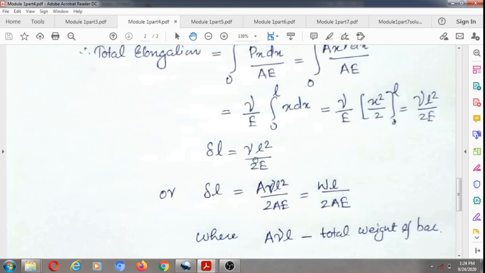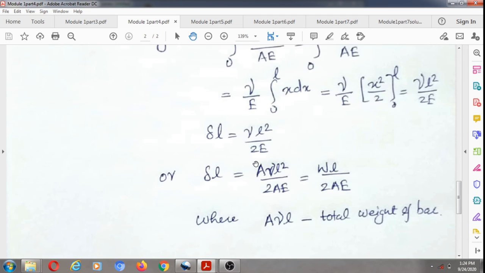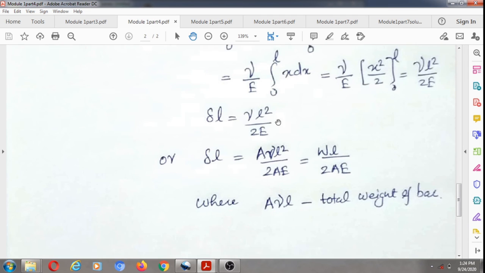Then to write the elongation in terms of weight, we can multiply the numerator and denominator by area. You will get A gamma L square divided by 2AE. Here A gamma L is equal to A gamma x, or L, which is its weight.